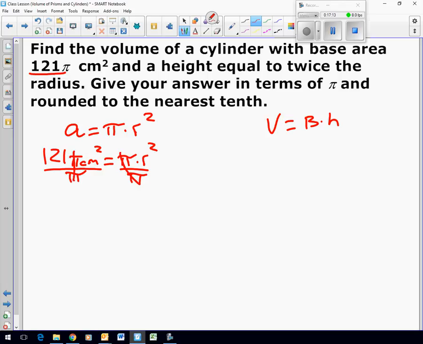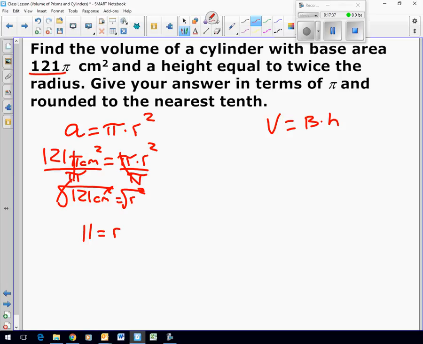Now that I've done that, how do I get r by itself? Square root. Now we're ready to square root it all. What is the square root of 121? 11, right? 11 is equal to the radius.